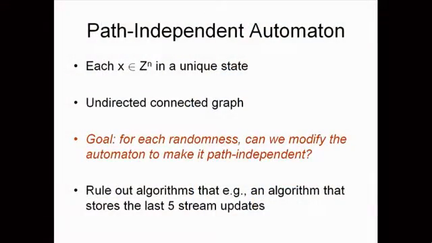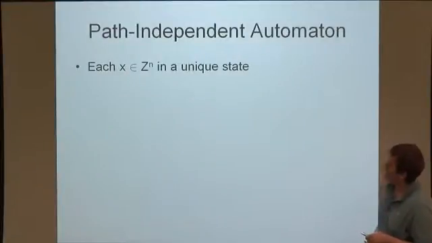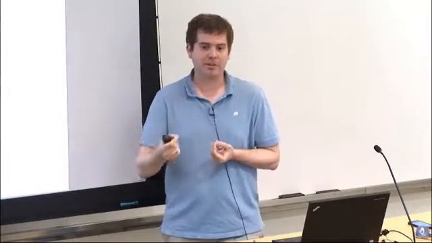This motivates the definition of a path-independent automaton, which is: for each underlying vector x, there's a unique state in the automaton which contains x. Note that most states should contain many vectors x if you want a small amount of space.